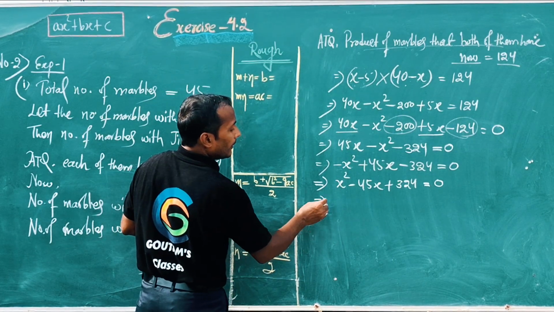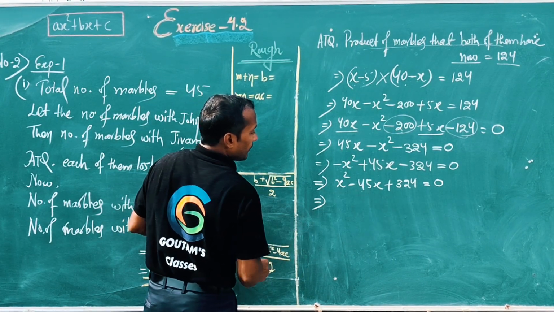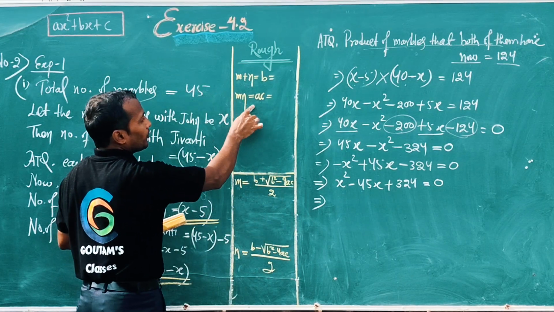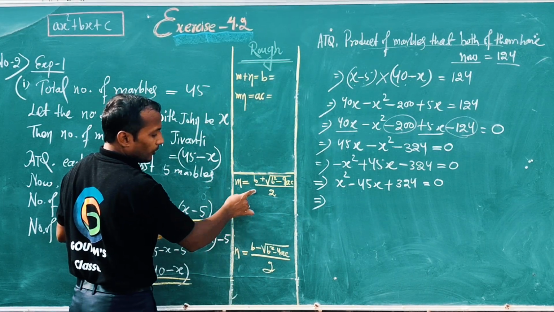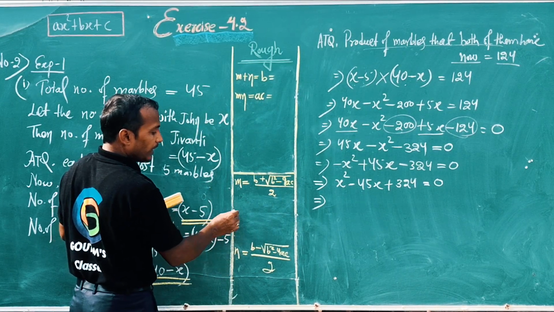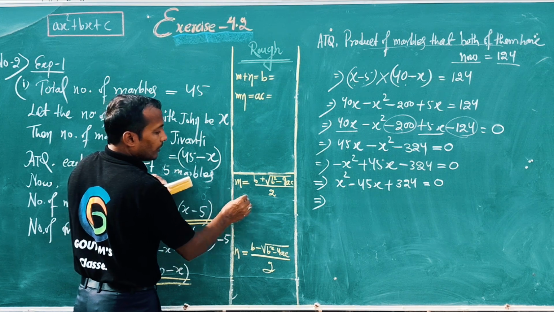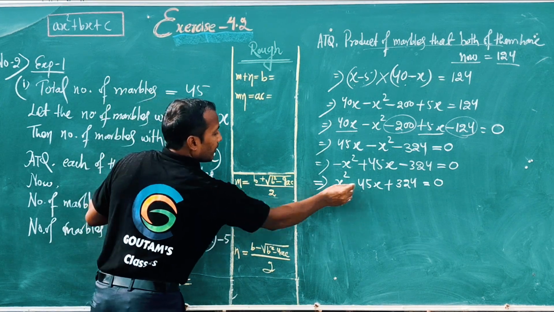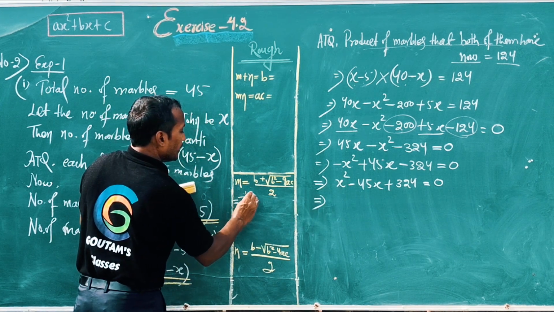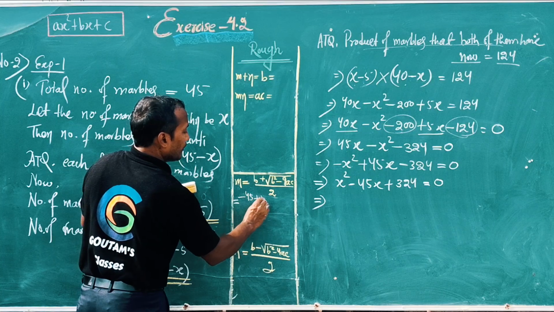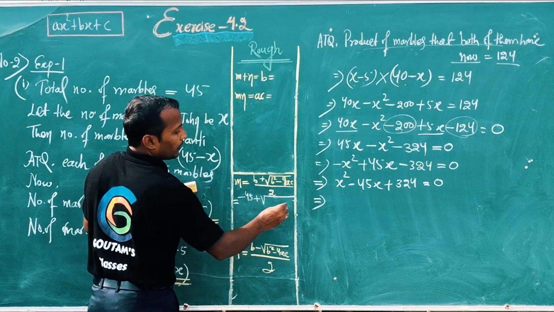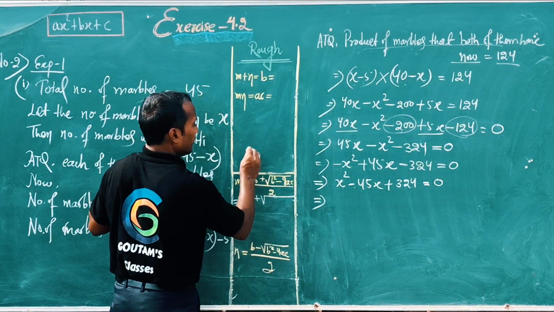Now I will split the middle term. For that I can go for the two facts and find m and n, or I can use the specific formula for m and n. So I will go for the specific formula. b is minus 45, so minus 45 plus square root of b square minus 4ac. b square means the square of minus 45.